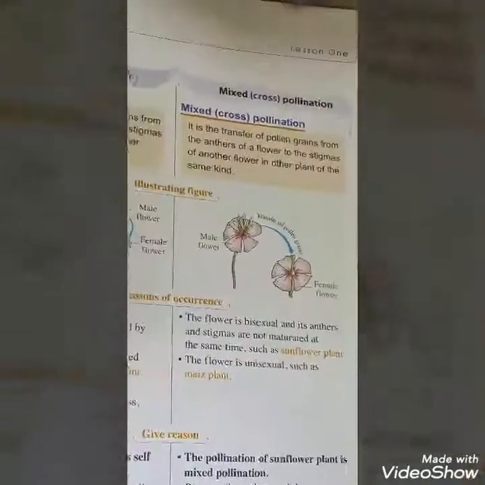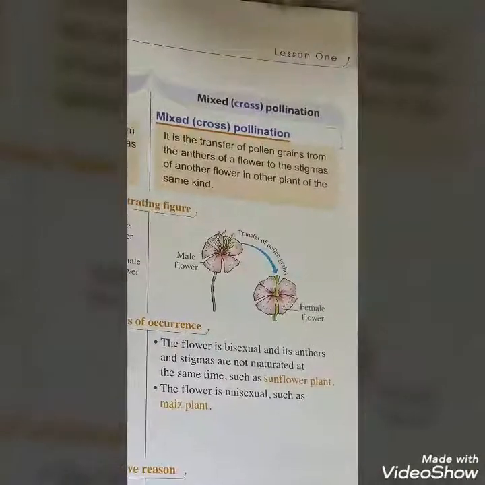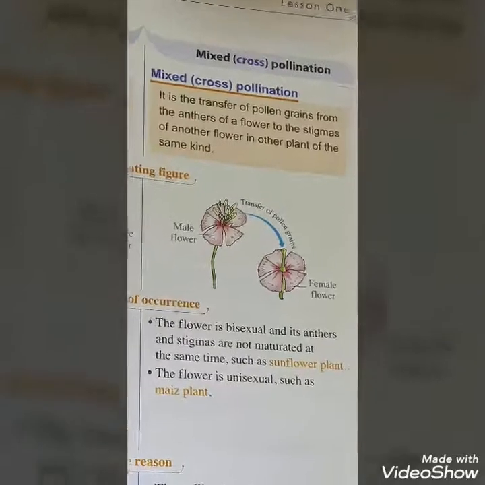Now let's move to another type of pollination, which is called mixed pollination or cross-pollination. It is a transfer of pollen grains from the anther of a flower to the stigma of another flower on another plant of the same kind. This can happen in bisexual flowers and also in unisexual flowers.